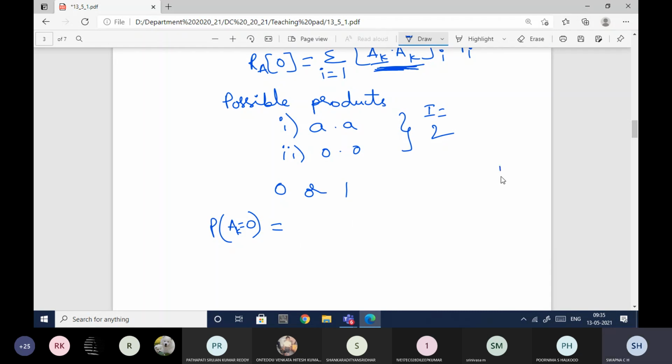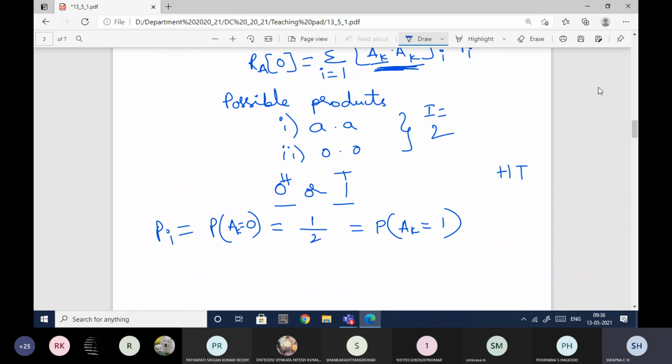In the same way as you did for heads and tails, out of 2 events, 1 by 2. If this is head and this is tail, then the probability of occurrence of 0, which is nothing but the head, is 1 by 2. In the same way, the probability of occurrence of 1, which is nothing but the tail, is also 1 by 2. Since these are equiprobable, pi will be equal to 1 by 2 for AK equal to 0 or AK equal to 1.